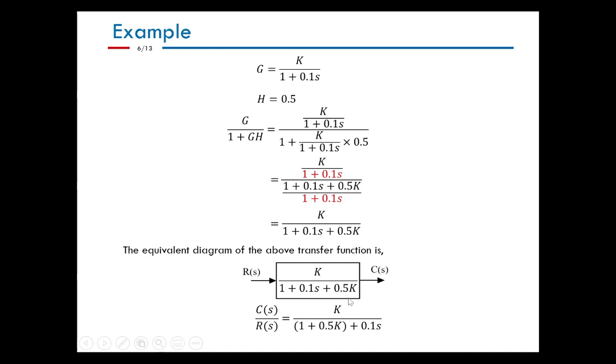So that is the final block diagram, which has the transfer function in one block. Now it is quite obvious that the relationship C(s) over R(s) equals k divided by 1 plus 0.25k plus 0.1s. This is a first order transfer function, as we just learned, because the highest power of s is just 1.